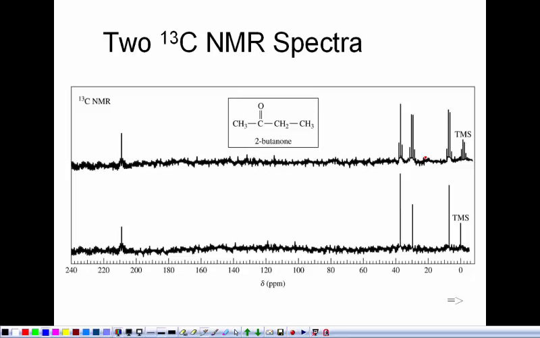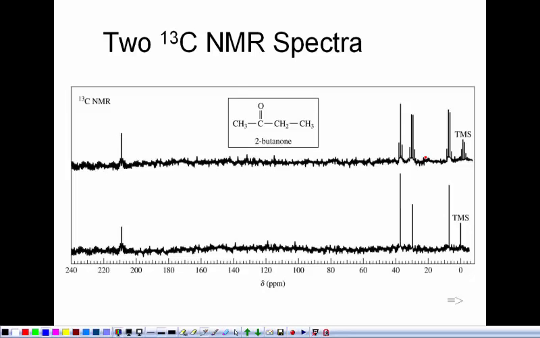So here's a couple of carbon-13 spectra for 2-butanone. If you look at 2-butanone, there are 1, 2, 3, 4 unique carbons. Now, what's new is the carbonyl shows up because I'm looking at the carbon spectrum, not the proton spectrum. The proton spectrum of this molecule would just have 3 sets of hydrogens, but the carbon has 4.